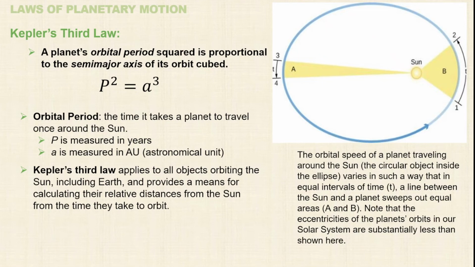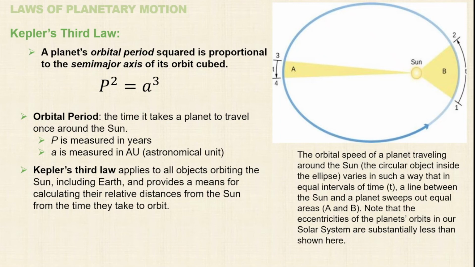And I say it's important because, for example, if I can find the distance to Venus from the Sun, where it's at, that tells me the semi-major axis of Venus. And by knowing that semi-major axis, I can tell its time period.